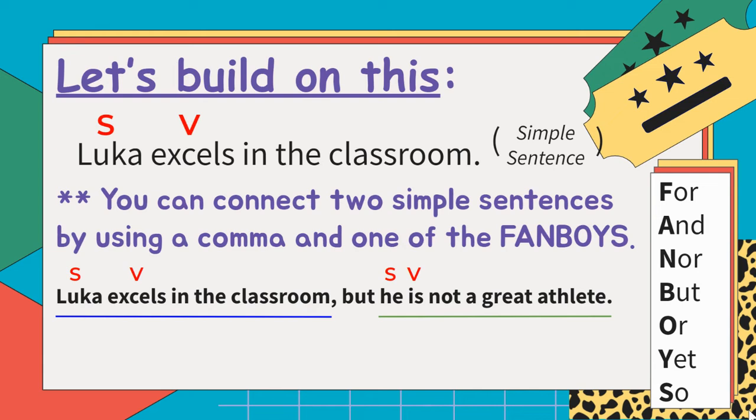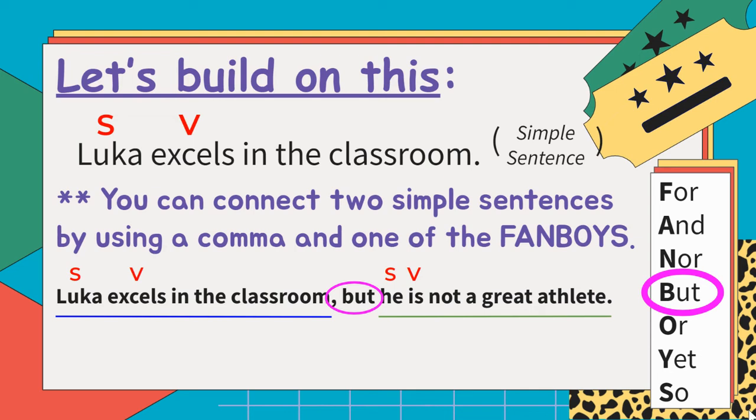And I can combine these two sentences together by using a comma and a fanboy. So, comma, but. Luca excels in the classroom, but he is not a great athlete. And again, this is one of the fanboys. And I could say Luca excels in the classroom and he is not a great athlete. Luca excels in the classroom, yet he is not a great athlete.